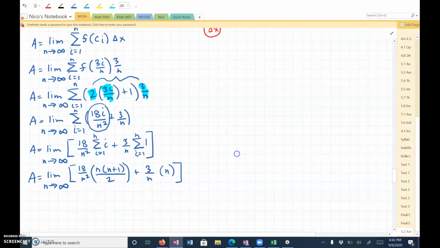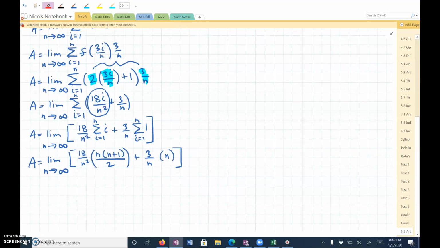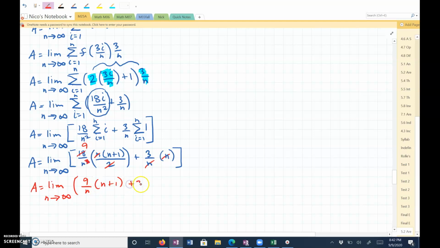And then we can simplify this. So 2 goes into 18 9 times. This n will take care of one of those n's. These n's cancel out. So now the area is going to be the limit as n approaches infinity of 9 over n times n plus 1 plus 3.